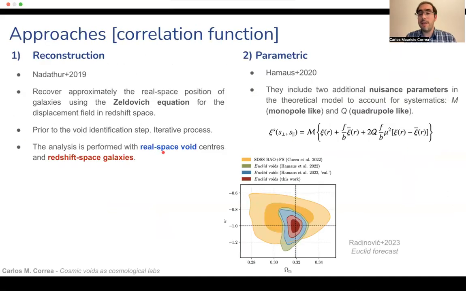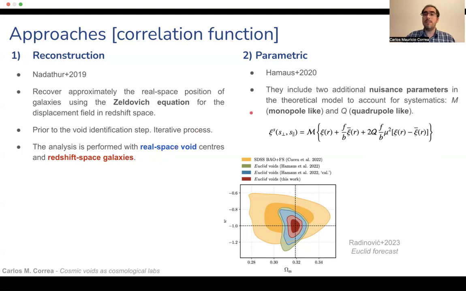So regarding the correlation function, there are two main approaches to tackle this problematic. On the one hand, we have the reconstruction technique that tries to recover approximately the real space position of galaxies based on the Zeldovich approximation before applying the void finding step. So it is an iterative process. In the end, the analysis is performed with real space voids and redshift space galaxies.